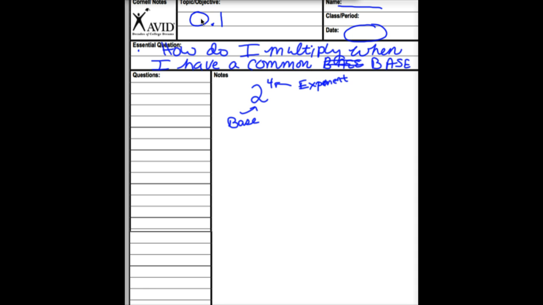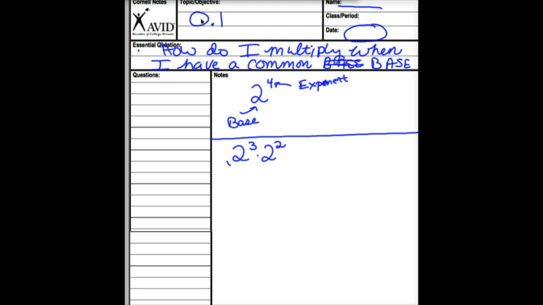Now, when you multiply and the bases are the same, so for example, if I had 2 to the 3rd times 2 to the 2nd, there's a couple things that might be tempting, which is to say, oh, 2 times 2 is 4, and 3 times 2 is 6, and just do some stuff that looks good that's not mathematically correct.